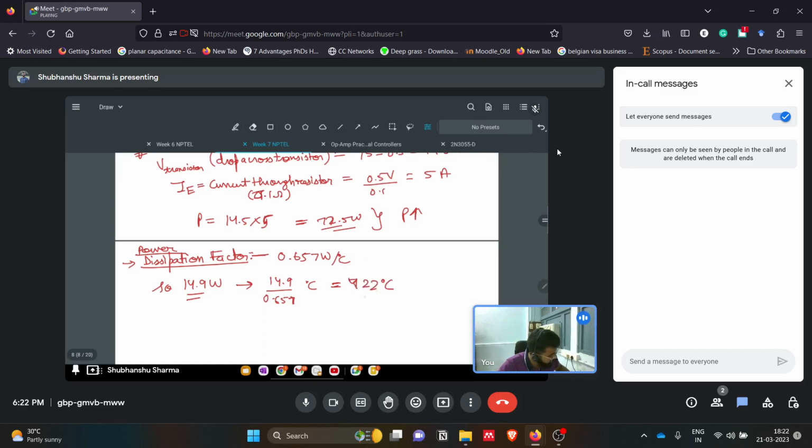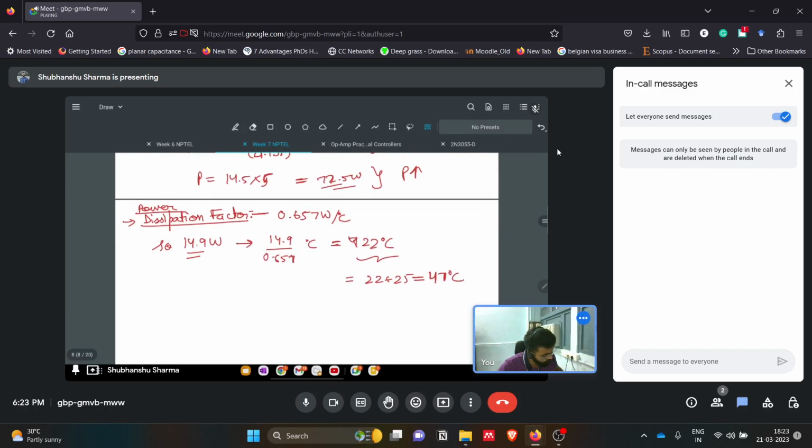In the data sheet, it is given that the starting point is 25 degrees Celsius. So the total temperature will be 22 plus 25 equals 47 degrees Celsius. So for V in equals 0.1 volt, we got a rise of 22 degrees Celsius, leading to 47 degrees Celsius at the transistor.